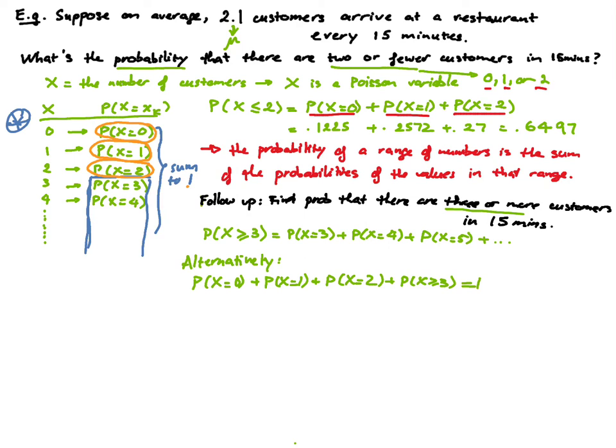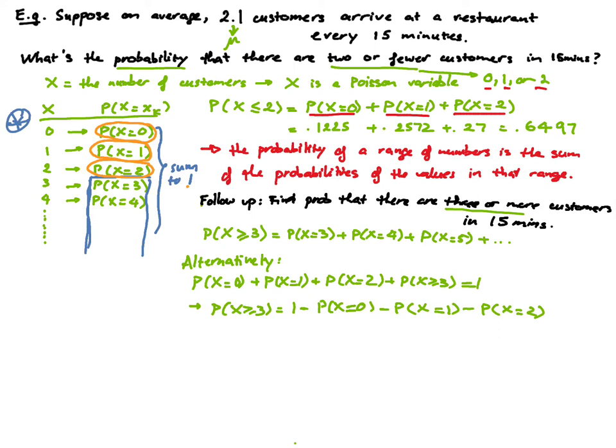And so to find the probability that x is greater than or equal to 3, we take 1 minus the probability that x is 0, minus the probability that x is 1, minus the probability that x is 2. Essentially what I did was I subtracted those numbers from both sides of the equation.